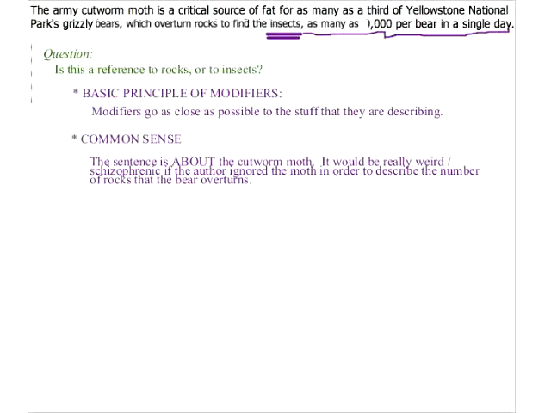Okay, if you have any other quick questions, throw them in the text box. If not, we will put another problem up on the board and have fun with it.